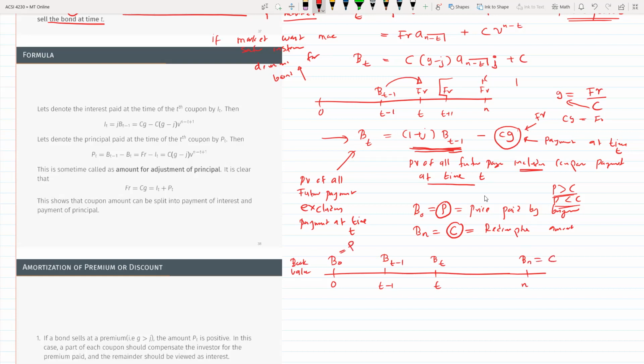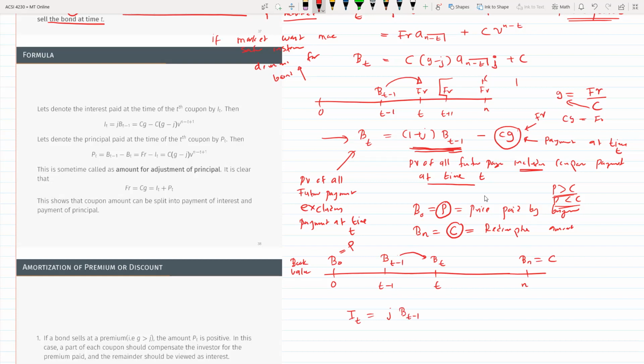So when you have this T minus 1, then the interest, remember the loan, how do you calculate the interest? You multiply the balance by the interest rate, no? So basically the interest, which we denote IT, is the rate j times BT minus 1.